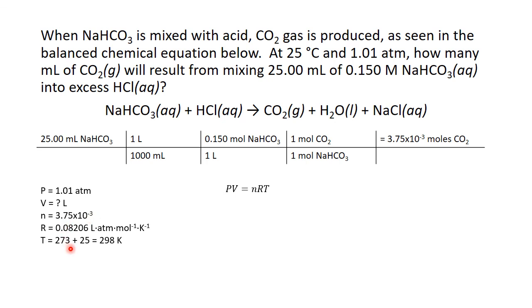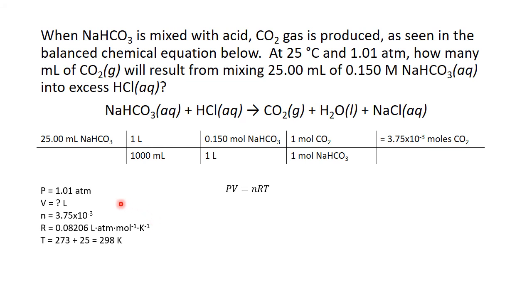Looking down at temperature, temperature for the gas law always has to be given in Kelvin. So we're going to add 273 to our Celsius temperature of 25 to get 298 Kelvin. And because of the units on these other variables, we're going to use the R value of 0.08206 because it possesses the units needed to cancel out all the others.